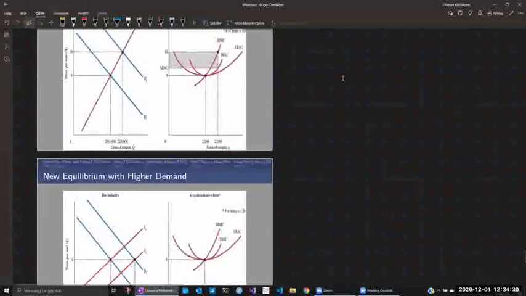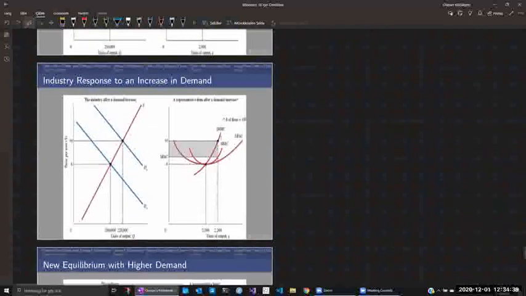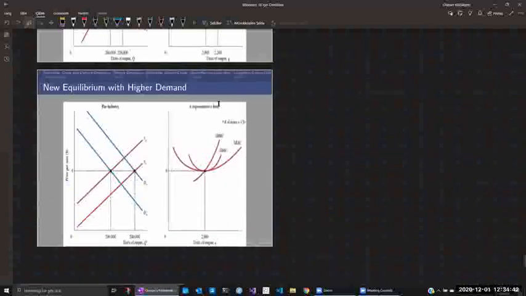But what happens then if there is a positive profit in the short run? In the long run, there will be more firms entering the economy, right? They increase the industry supply from S0 to S1, which drives the price back to the original level.